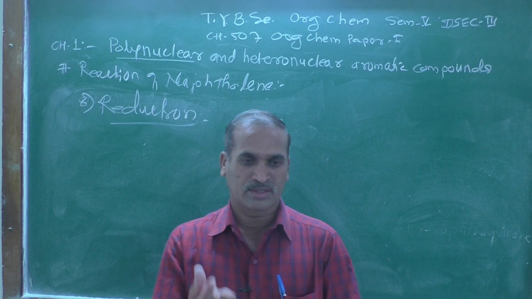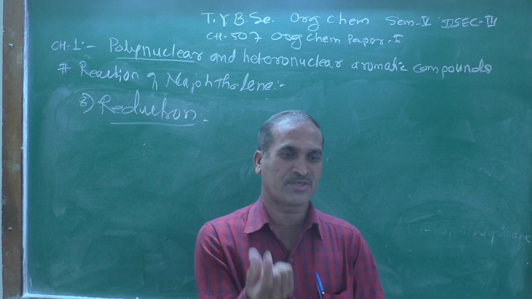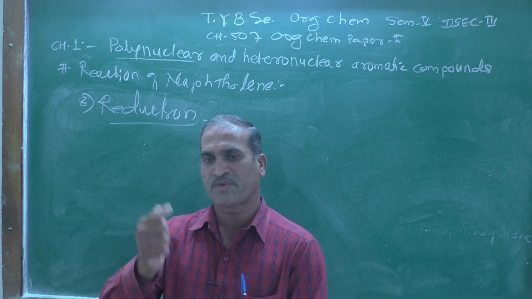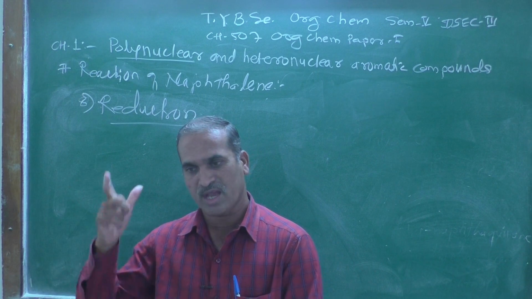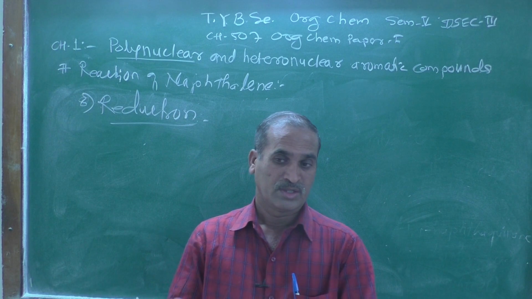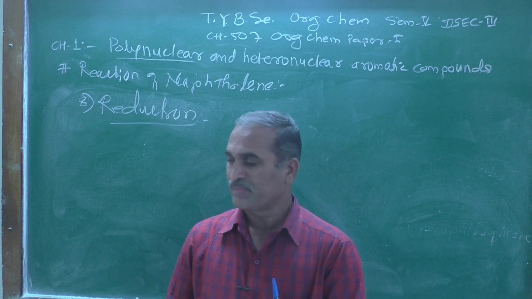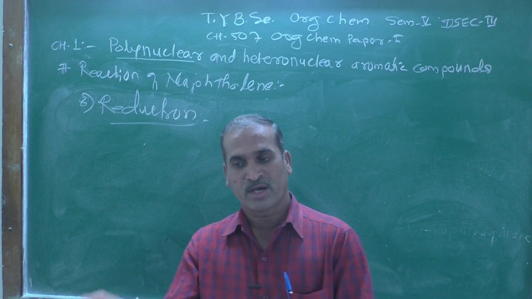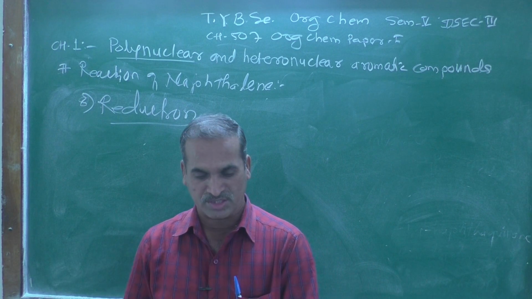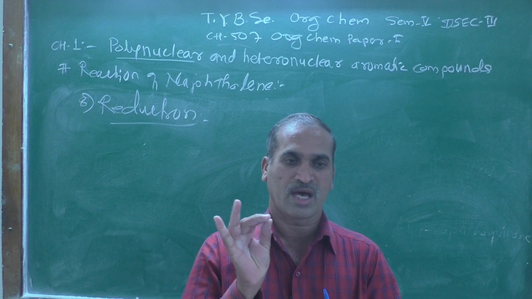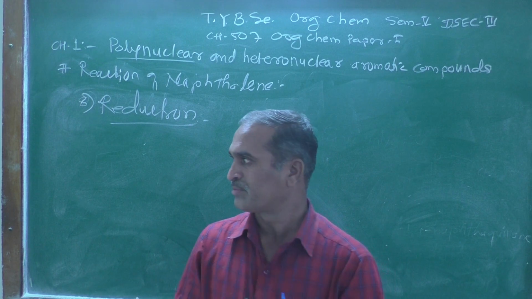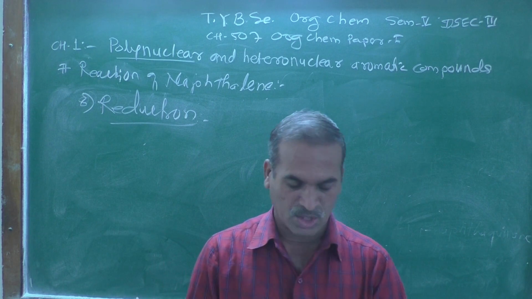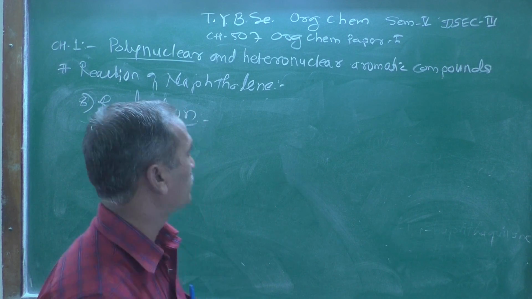Let me recall once again the definition of reduction in organic chemistry. The addition of hydrogen atom is called a reduction reaction. Vice versa, oxidation reaction means removal of hydrogen atom. So these are the simplest definitions in organic chemistry.